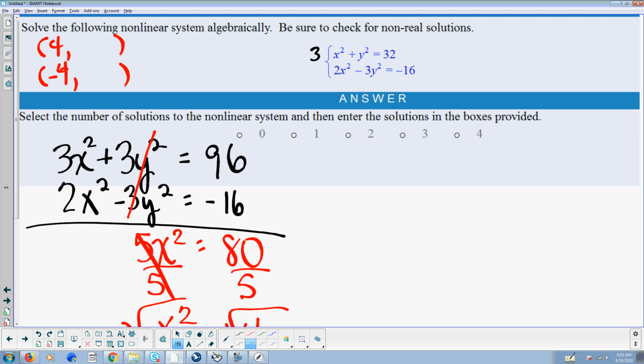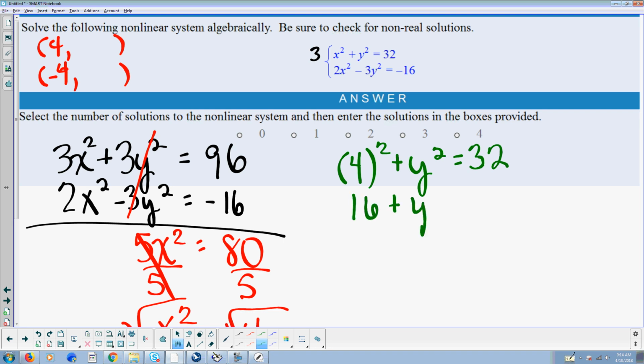So let's find solutions if I substitute a positive 4 for x. I can go back to either original equation, but clearly one of them is going to be easier to work with than the other, so I'm going to work with the first equation. If I substitute a positive 4 for x, that would be 4 squared plus y squared equals 32. 4 squared is 16.